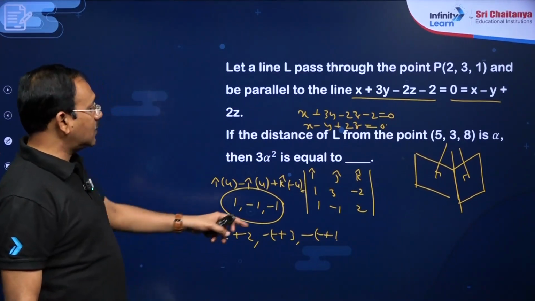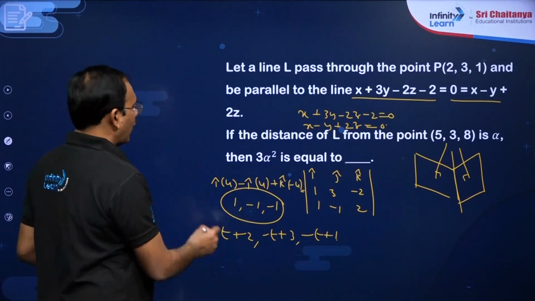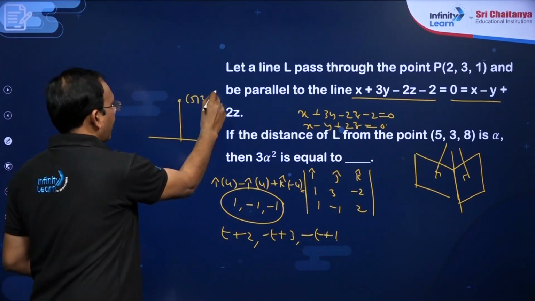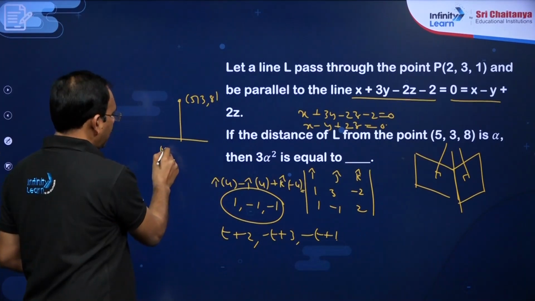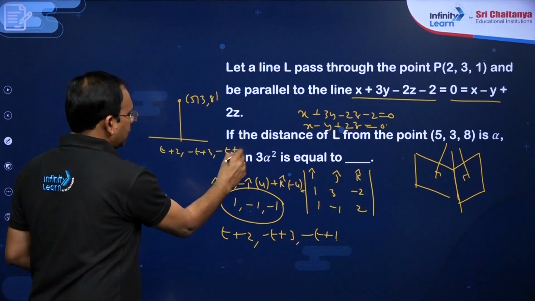Now, he wants the distance of L from this point, same procedure now. So, 5, 3, 8 is this point, and this is t plus 2, minus t plus 3, minus t plus 1.